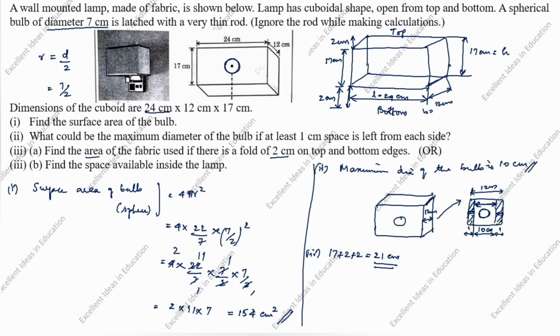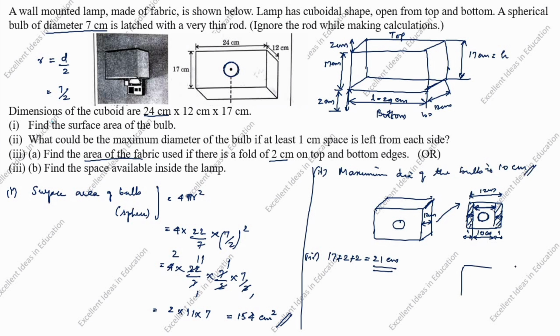Now we will find area of the fabric used if there is a fold of 2 centimeter on top and bottom edges. Now we will consider cuboidal height as 21 centimeter, as per the given question. So area of fabric used.